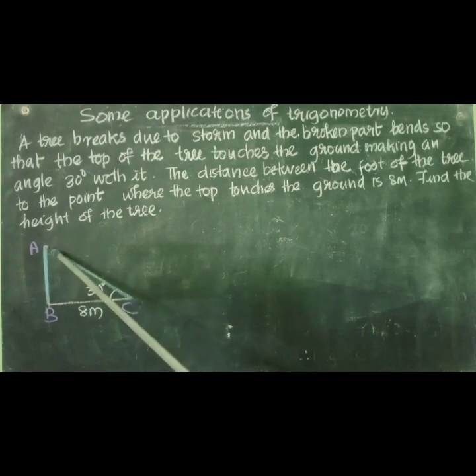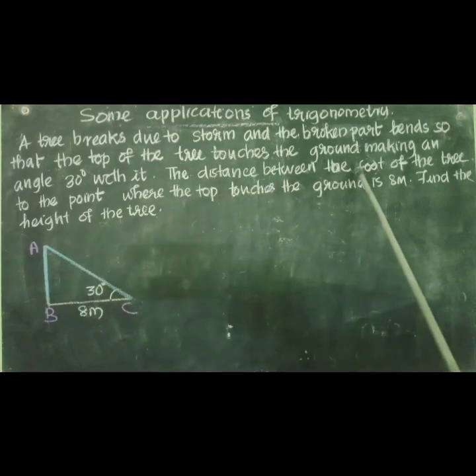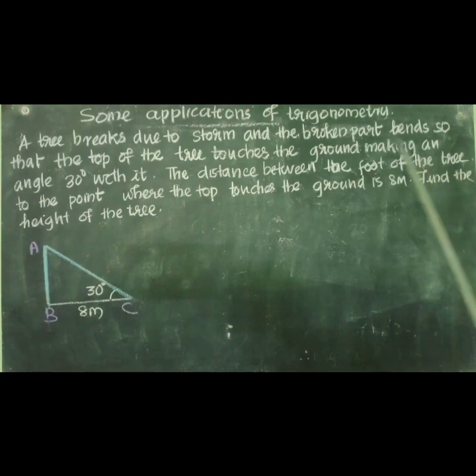From this point it has broken and the broken part is bending to this side and the top is touching the ground. It is making an angle of 30 degree with the ground. And again there is given the distance between the foot of the tree and the point where the top touches the ground is 8 meter. So this distance BC is 8 meter.